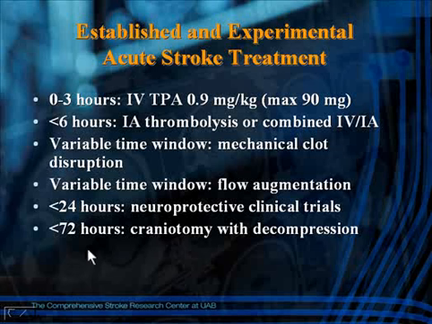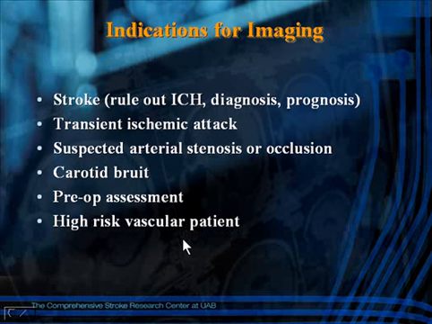And up to several days, one must consider hemicraniectomy to save patients' lives if they develop malignant MCA syndrome or really large lesions in the cerebellar tissue. So given all these diverse treatments that one may administer, let's review indications for imaging and what imaging tests are available.